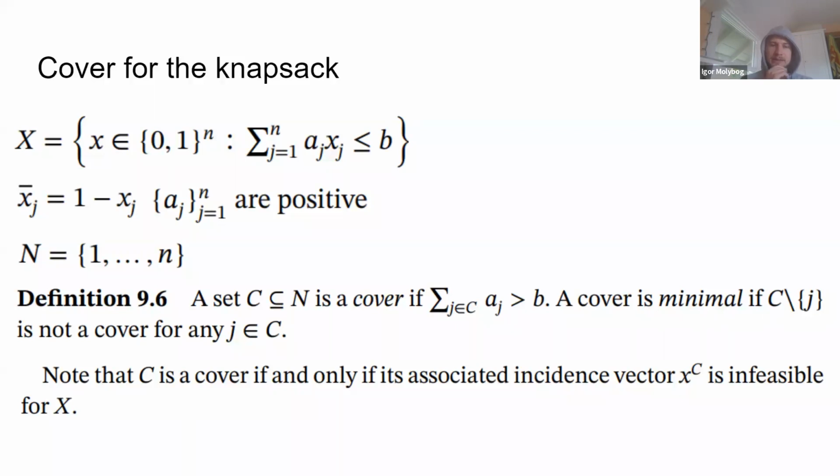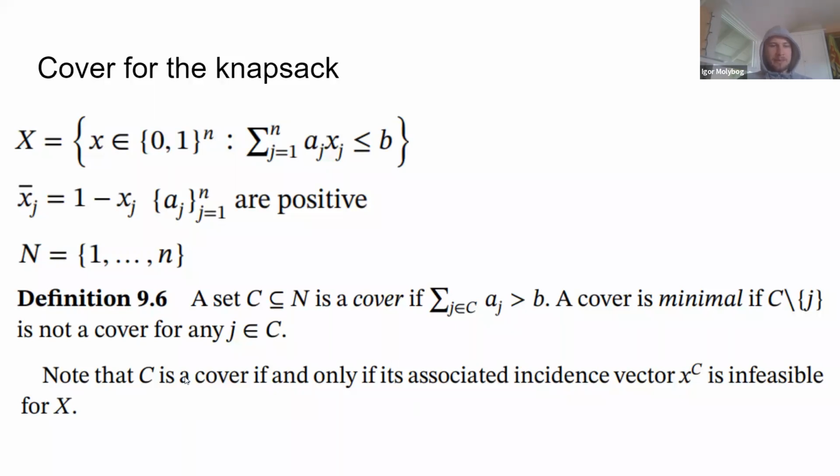So basically it's the minimal number of items. If we are talking about a knapsack, then we have items that we are putting into a knapsack, and it's the minimal set of items that we cannot put into the same knapsack.